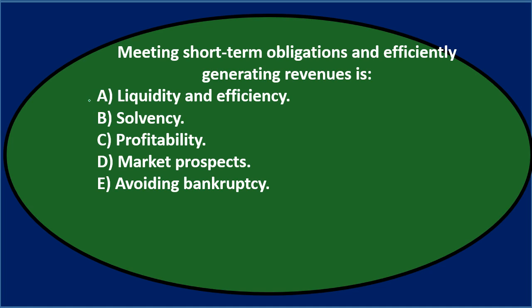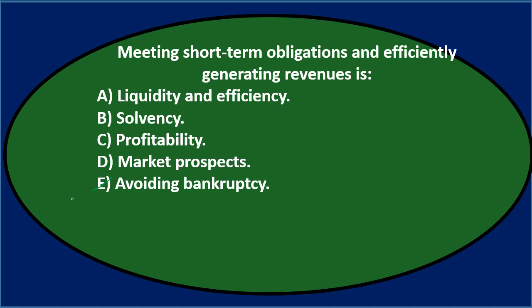The question then being, which category of ratios will be the ones that are going to help us for meeting short-term obligations? Is it the liquidity and efficiency ratios, the solvency ratios, the profitability ratios, or the market prospects? And then we have avoiding bankruptcy, which is not one of our ratios. So the fact that there's only four means that that's probably not the one.